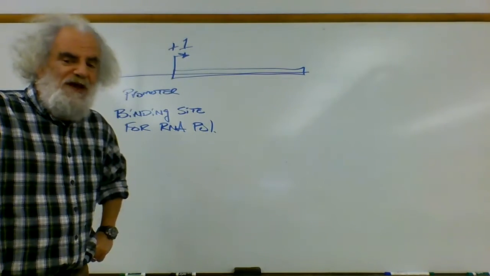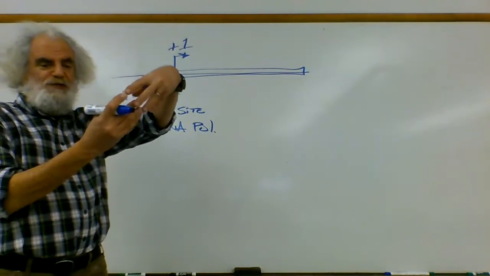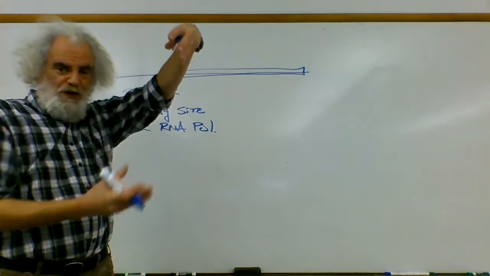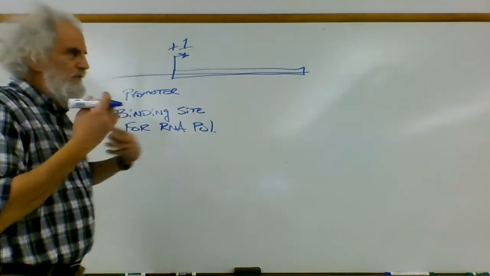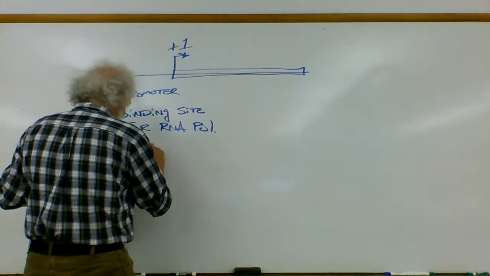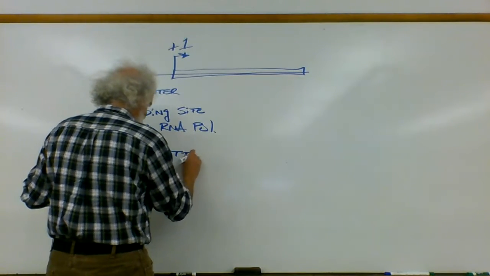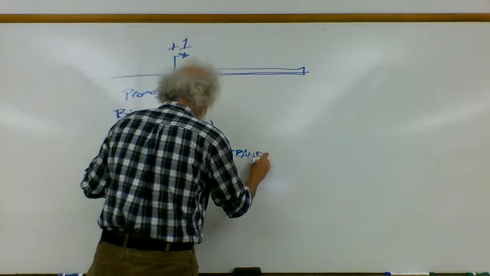This is a spot that is going to have a weaker interaction between the two strands, and so it can be pulled apart more easily to allow the RNA polymerase to get in, because what we're doing is using the bottom strand of the double-stranded DNA.